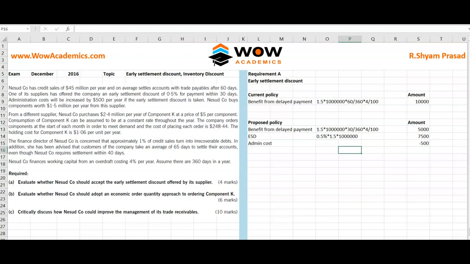So now we'll get the total benefit under proposed policy. That is nothing but a sum.